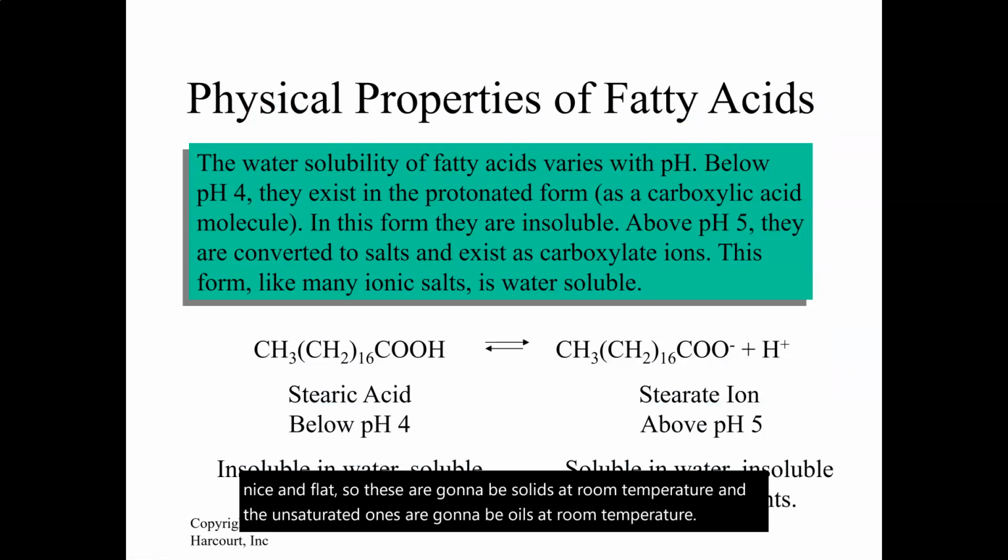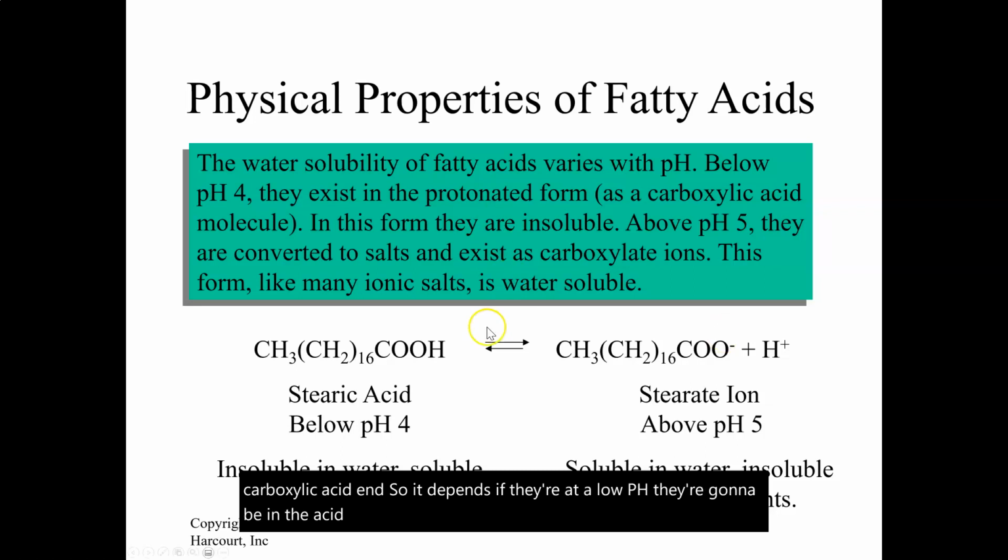So these fatty acids, remember, they're long chains, but they have that carboxylic acid end. It depends on pH: at low pH, they're going to be in the acid form. So they're going to have the COOH ending, C double bond O, OH, the carboxylic acid ending, with this H attached.